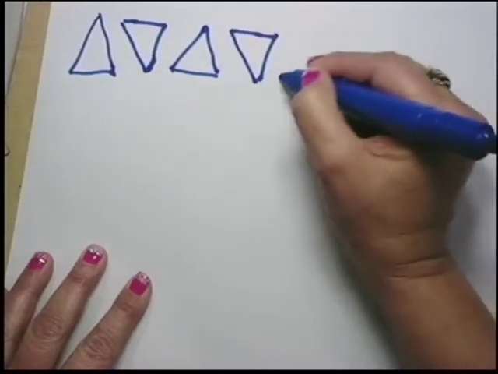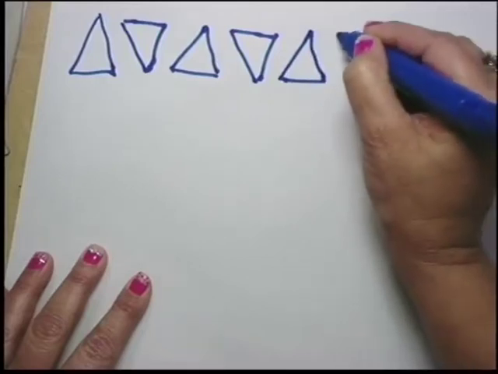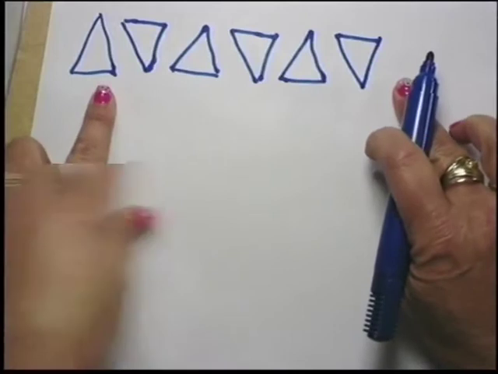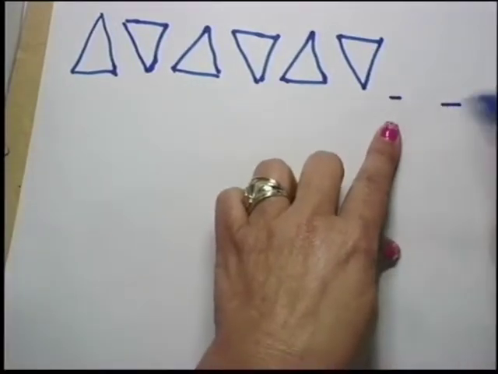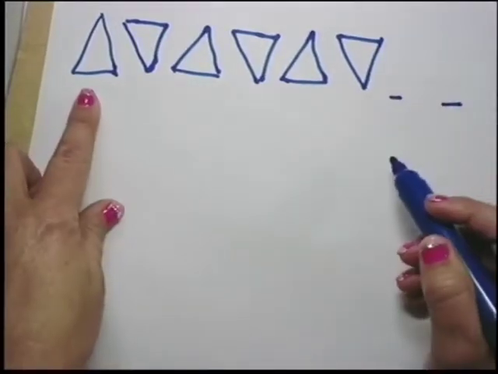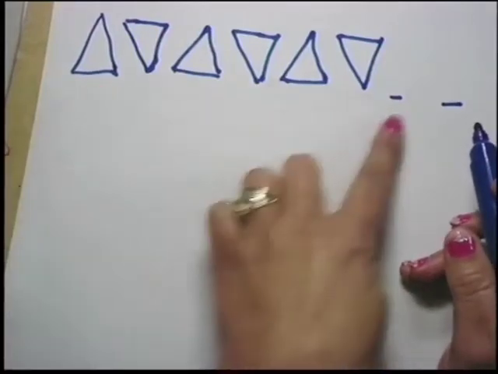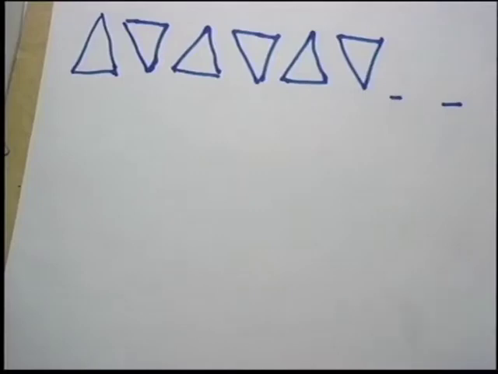So the learner will immediately pick up what is next. If he has to continue here, he has to complete it with the triangle that has a base at the bottom and then the one with the base at the top. I need to show them what I want them to see.